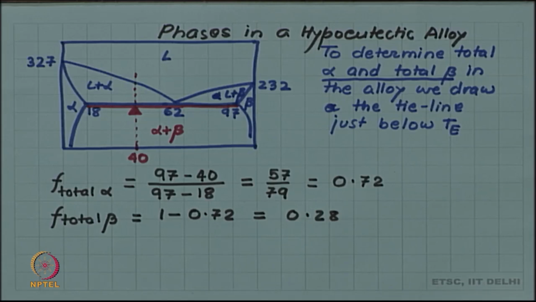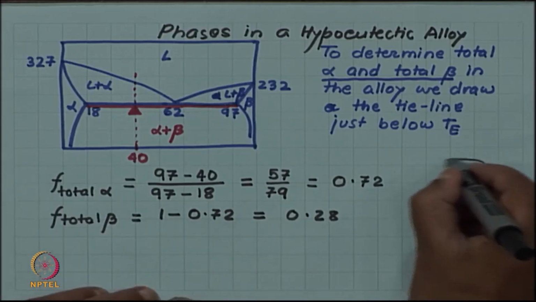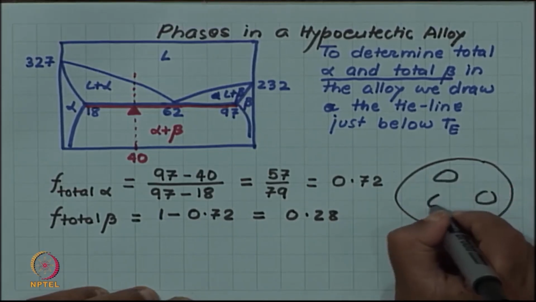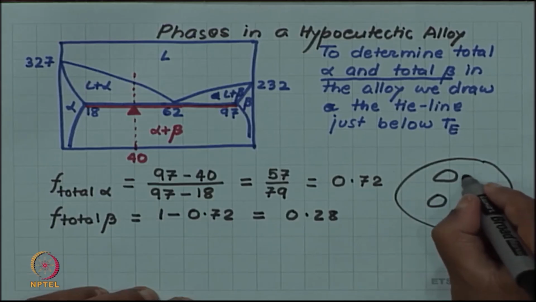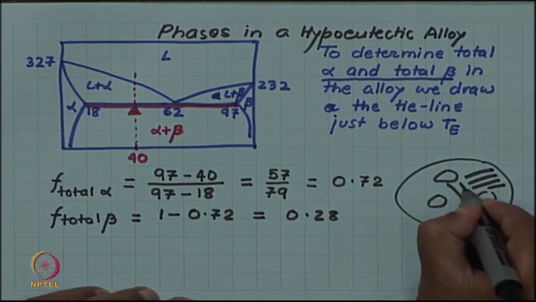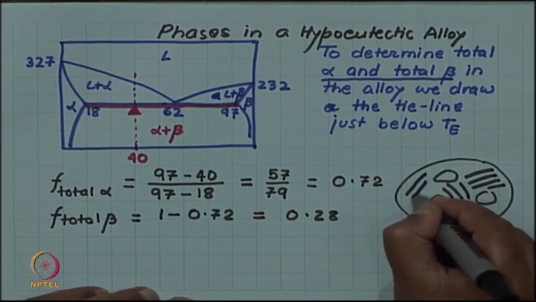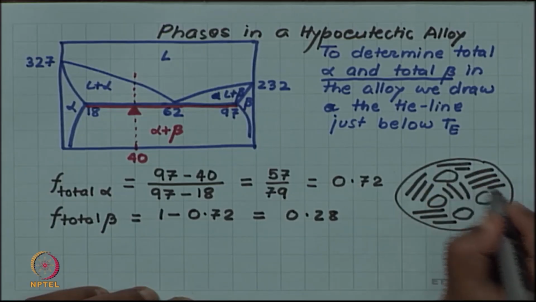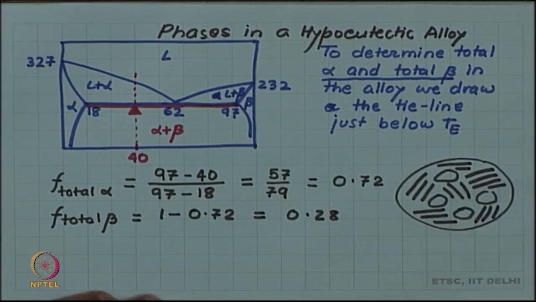Sometimes one wants to know how much is the eutectic alpha. Note the microstructure, that you have alpha in chunks, but you also have alpha as alternate plates. But now that you have determined total alpha and you have also determined the pro-eutectic alpha, you can find how much alpha is part of the eutectic mixture.